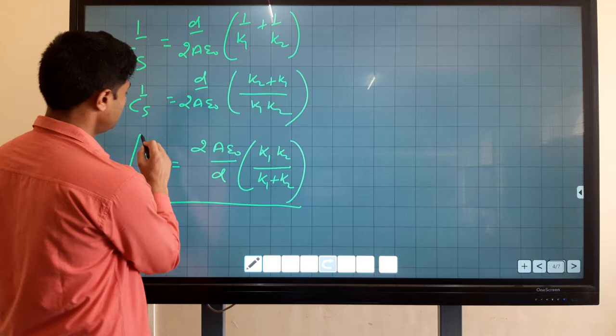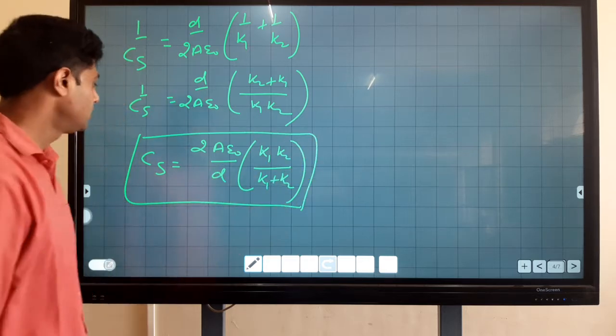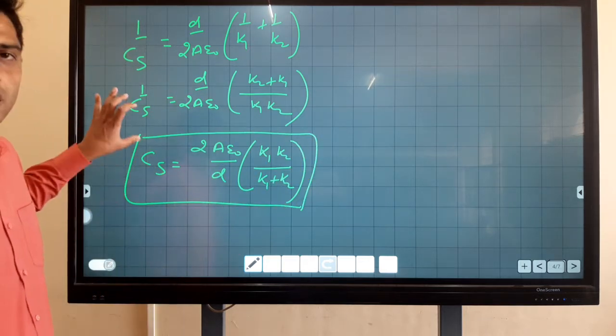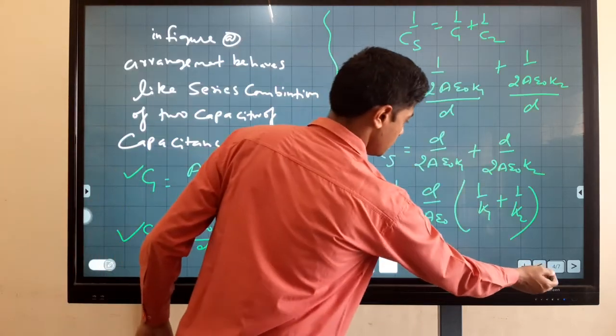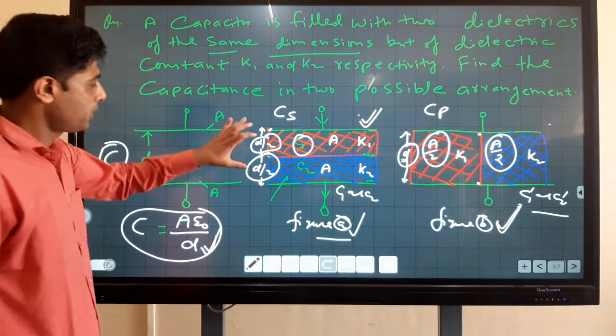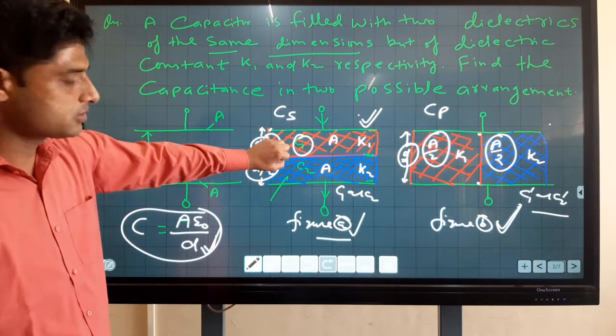So this is the value of the resultant capacitance when two dielectric substances are filled between the plates like this.